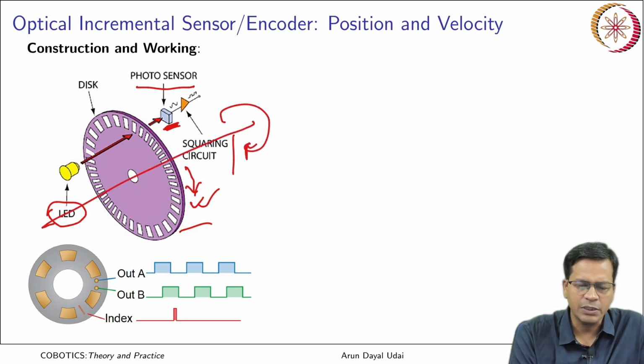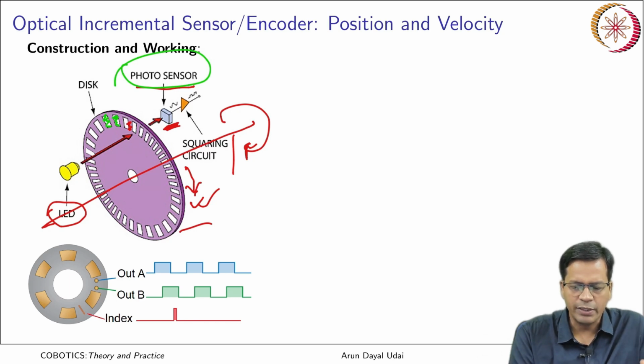It will sometimes see the opaque part in between, or sometimes it would see the green colored parts, which are windows. So these are windows from where the light can pass through and fall on the photosensor. Got it? So effectively, if you have two such LEDs and two such photosensors, you can have them arranged in a manner like this, two LEDs and two sensors.